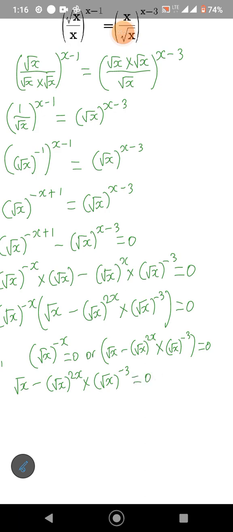Then the next thing I will do, I will say root x minus root x raised to the power 2x times, this is the same thing as 1 over root x raised to the power 3, equal to 0. Now, according to the law of indices, this and this are equal.